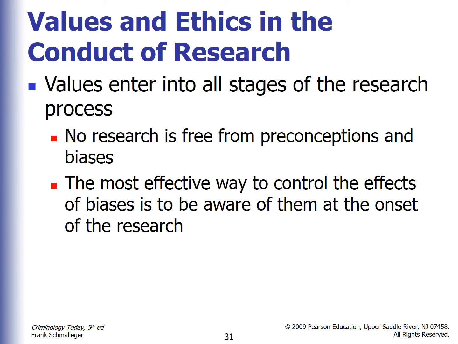So the most effective way to control the effects of biases is to be aware of them at the onset of the research. Know ahead of time that you have a bias towards a certain type of people when you're doing a study, so you make sure that you don't let that bias impact the study itself.